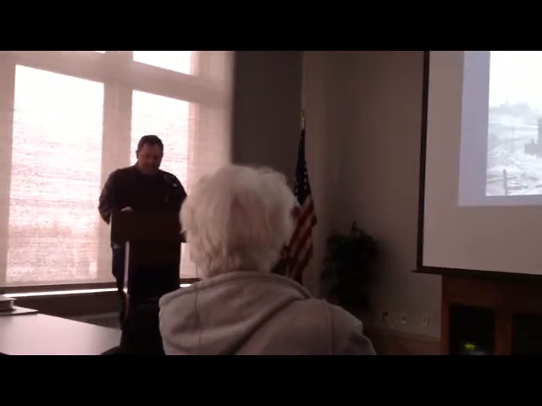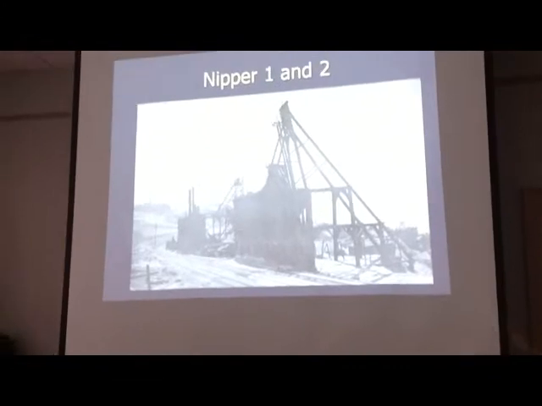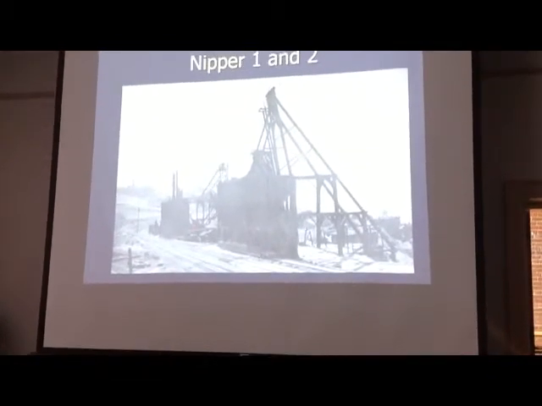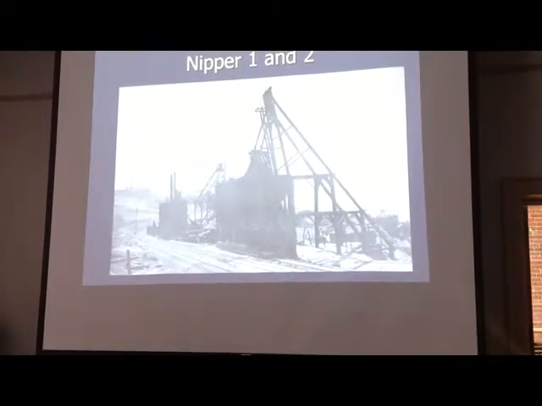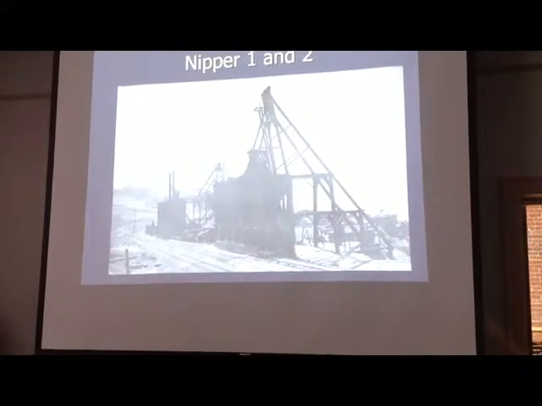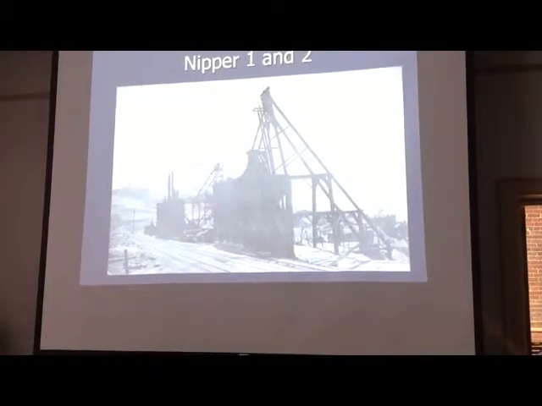So, as you can see here, the Nipper number 1 is a two-post head frame, moderate size. The hoist is actually down here, but it's built up on stilts. Now, I've seen this in Colorado where there was 20 feet of cribbing to get a mine high enough, and that's because of the railroad beds. In order to get enough height to load the railroad cars, they had to elevate everything.